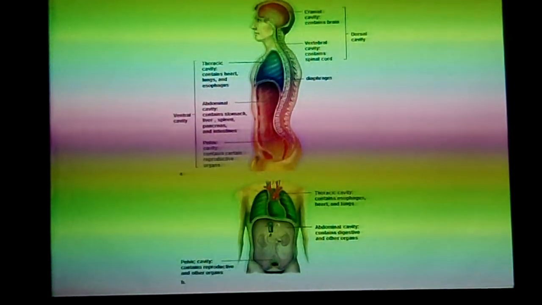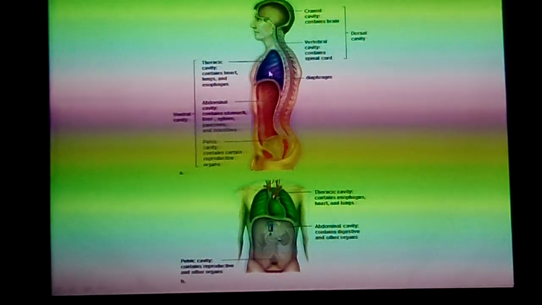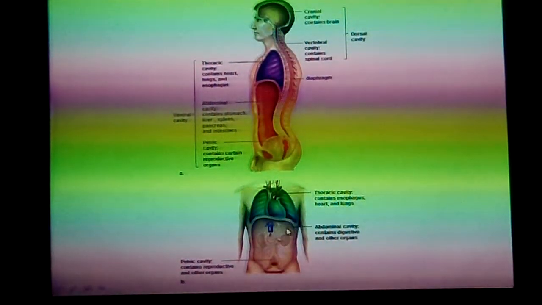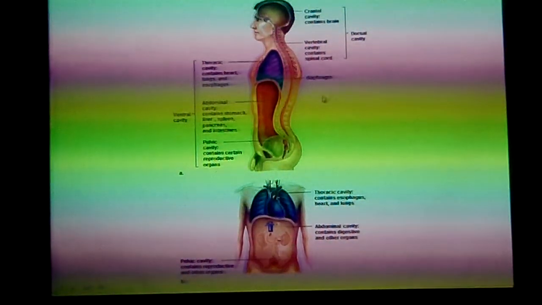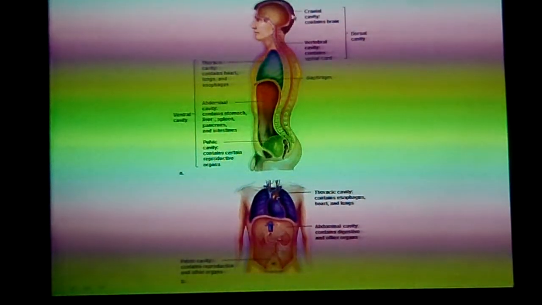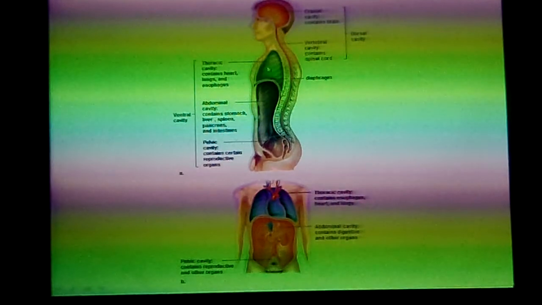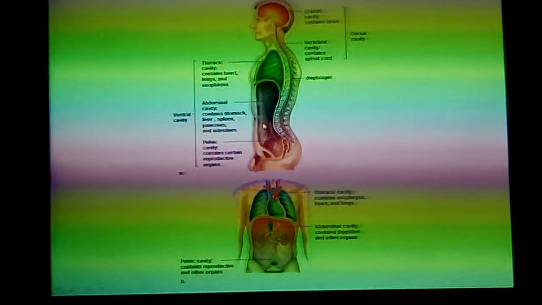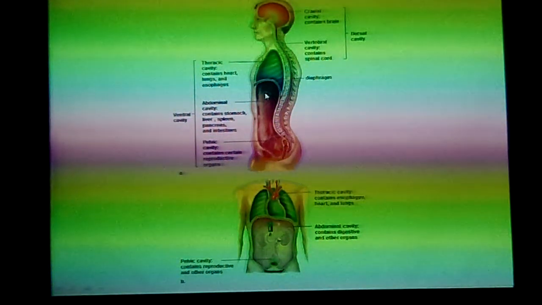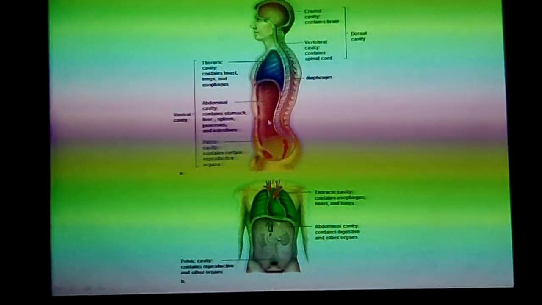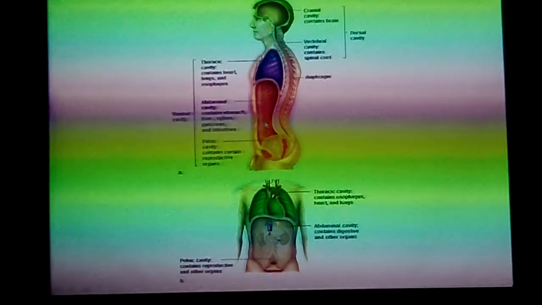Here are some cavities and such inside the body, some open areas inside the body. We learned the names of all these cavities in my anatomy class. Cranial cavities where the brain sits. The thoracic cavity is where the heart and lungs sit. The abdominal cavity is where the stomach and intestines and liver are.